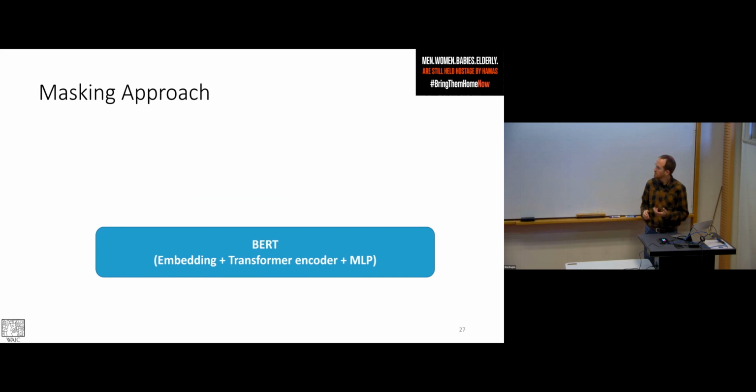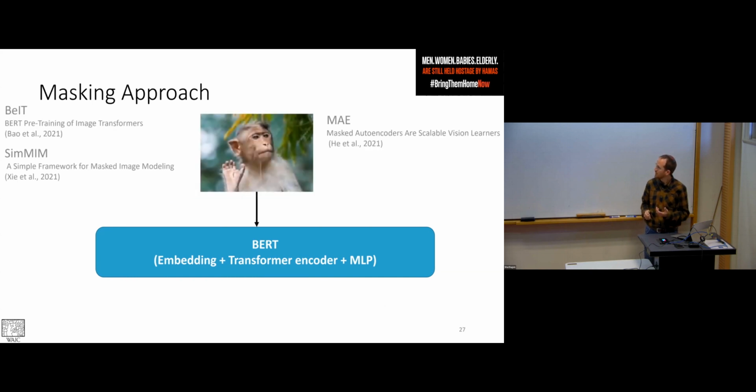So you have an image, and you want to mask some of it. Masked autoencoder was definitely not the first one to do this. There was also BEiT, which is a BERT-style method, and SimMIM, Simple Masked Image Modeling. But we'll focus on masked autoencoder because it gained a lot of attention.